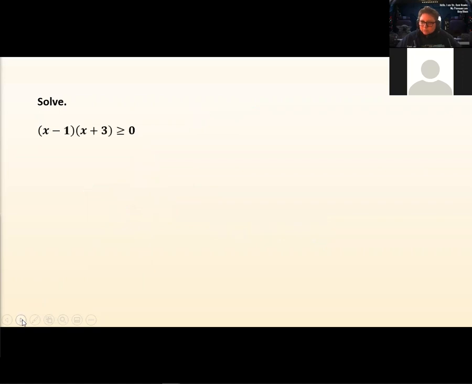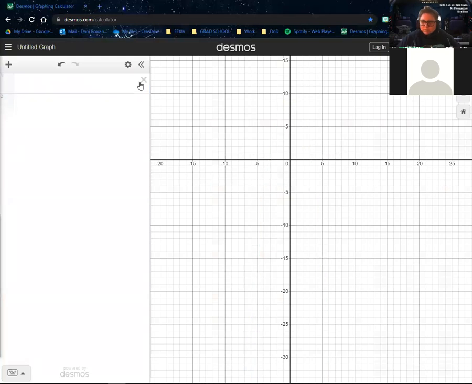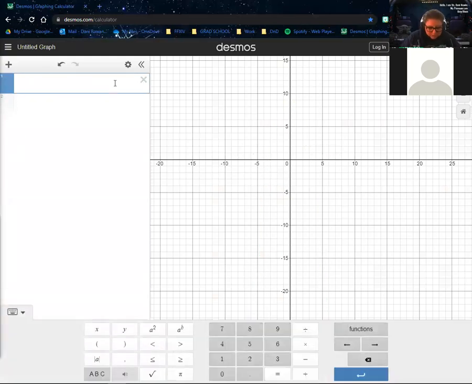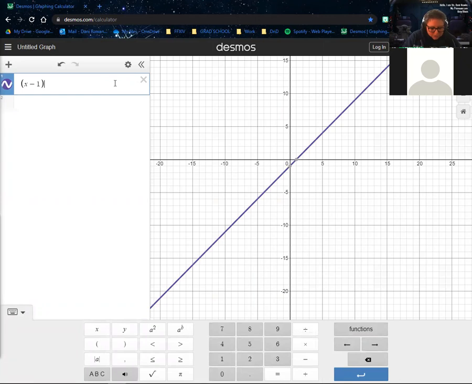Let's look at the next one. So again, solve this graphically. x minus 1 times x plus 3. So I'm just going to type it in like that. x minus 1 times x plus 3 equals 0.